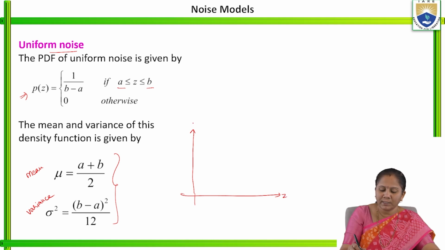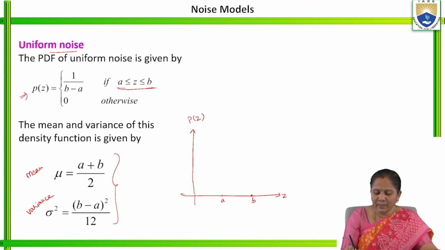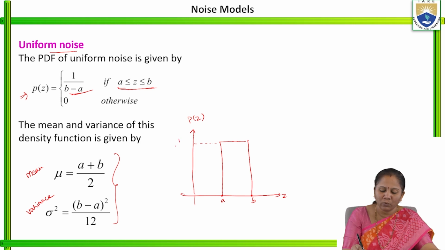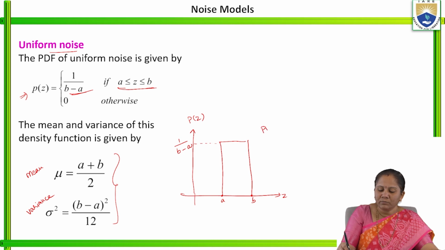So here this is Z and P of Z. Considering the 2 points A and B, up to some extent the noise will be uniform, and the magnitude is 1 by b minus a. So this is the probability density function for uniform noise.